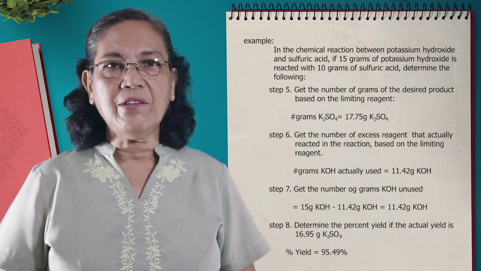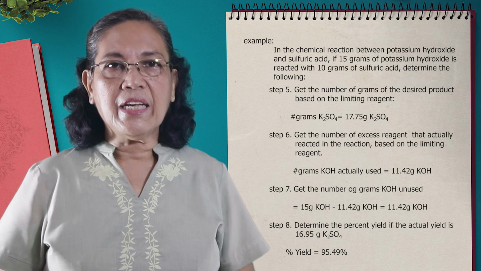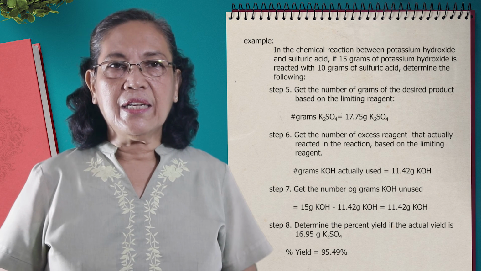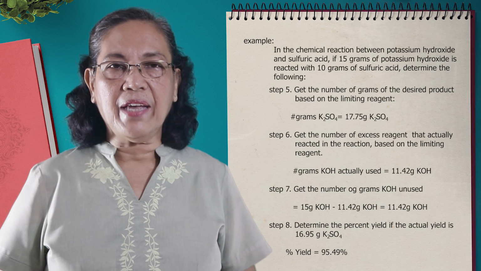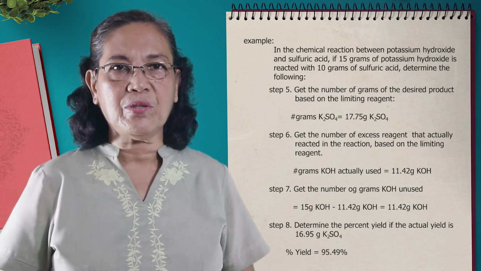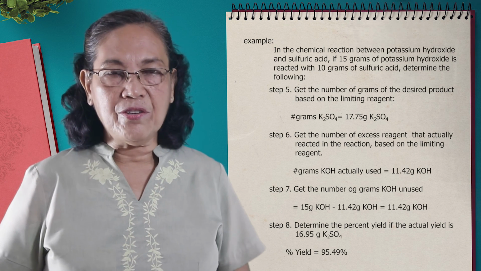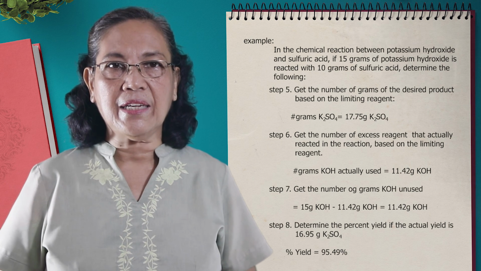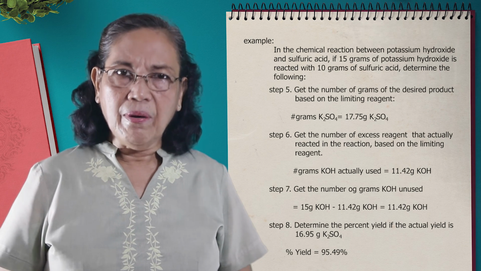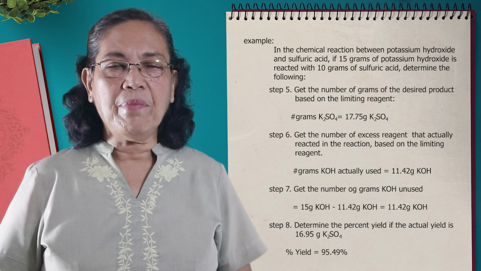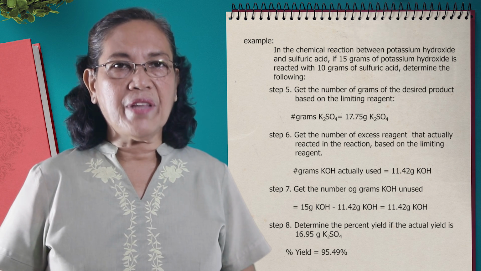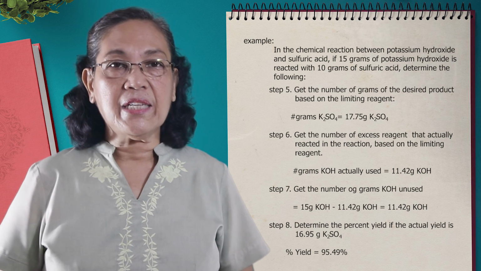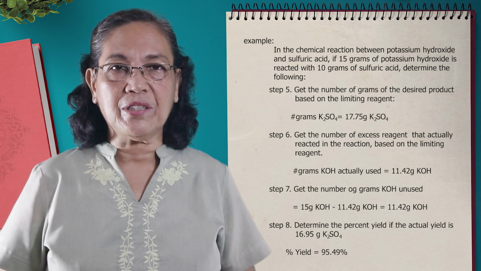So you can cancel out the moles of potassium sulfate, giving us the grams of potassium hydroxide. So in this case, we have 11.42 grams of the potassium hydroxide, which is actually reacting in the chemical reaction. And you are asked in the problem how much of the excess reagent is unused, meaning it's not used in the chemical reaction.